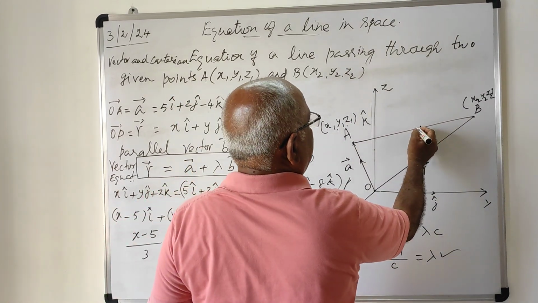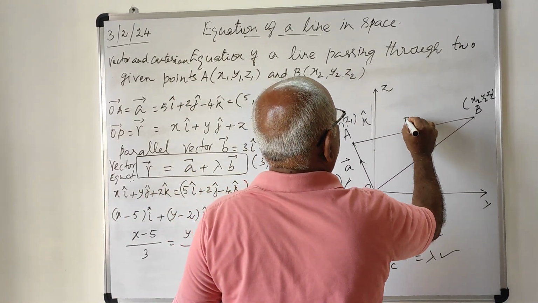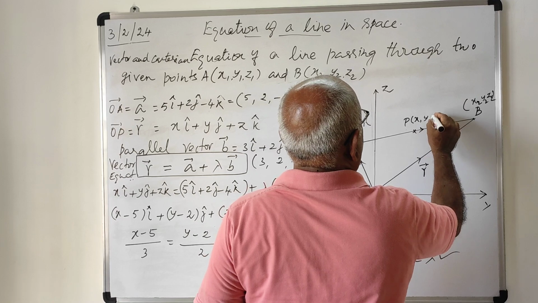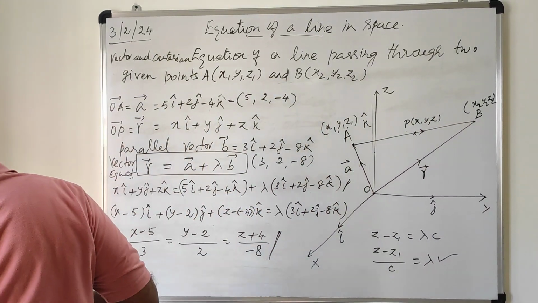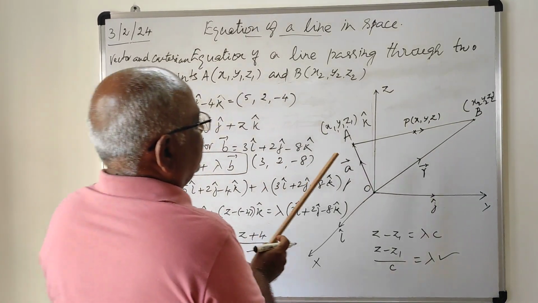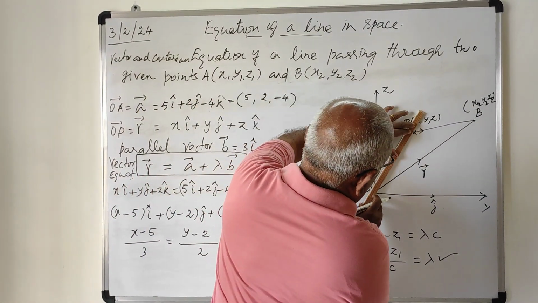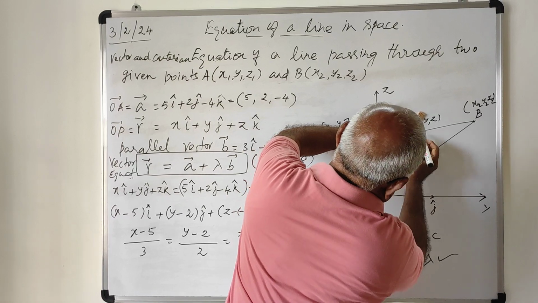In this line, you can consider a point P as x, y, z. It is any point P on the line AB, and its position vector is R. This is the diagram for this problem.